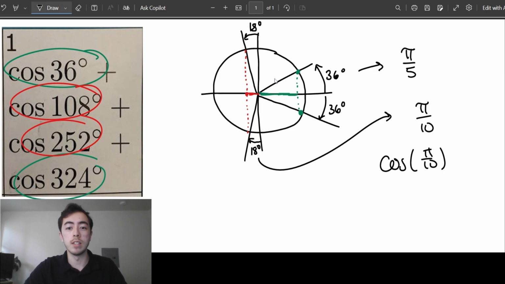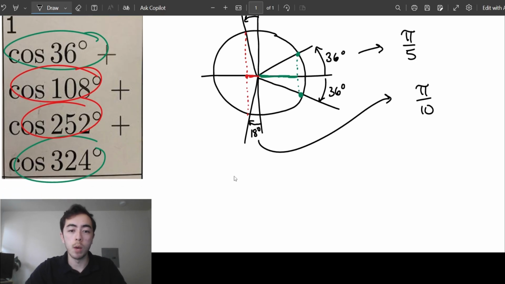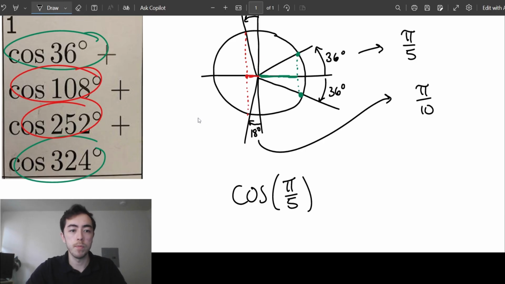The idea here is that the sine function tracks how high you go from this angle, and this height distance right here is going to be the same distance as our horizontal distance back there. So to get my equation going, I will add up both of these as cosine of pi over 5, with a times 2 at the front because I have 2 of them.